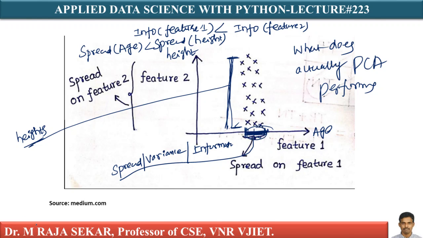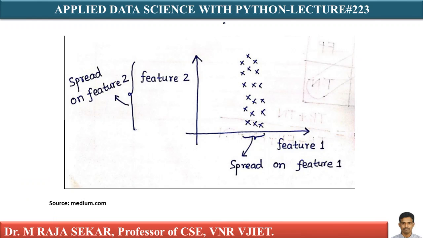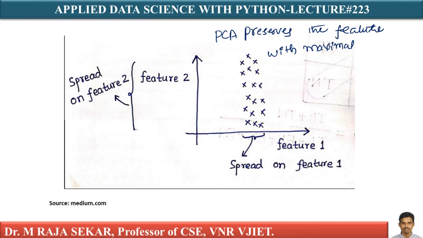PCA preserves the feature with maximal variance, otherwise I can say maximal spread, or I can say information.